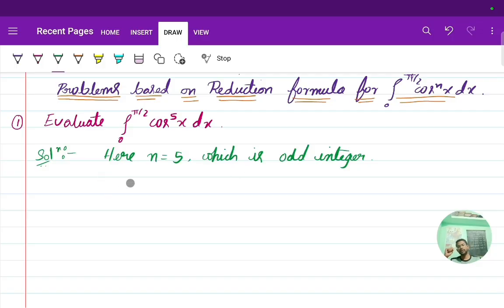Then we know the formula for n odd, which I explained in the previous lecture.